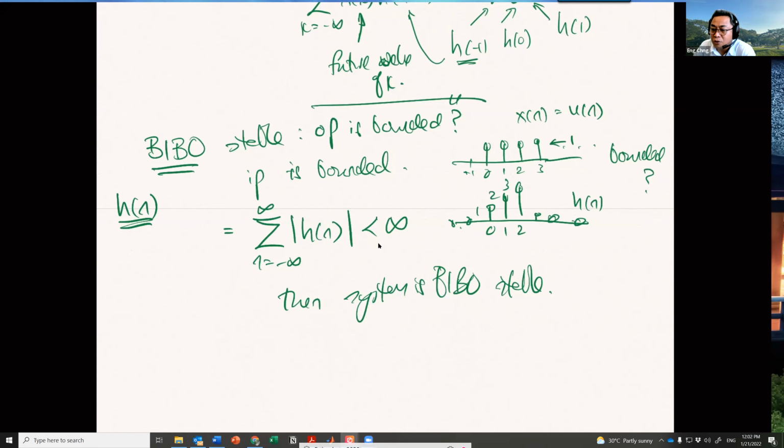Then of course it's trivial because it is nothing but 1 plus 2 plus 3. The answer is 6, right? Even though it goes up, the rest of the values are 0 up to infinity. Therefore, a finite sequence, when we sum it, is always less than infinity. Therefore, when an impulse response is a finite sequence in nature, then the system is immediately stable. What about these guys?